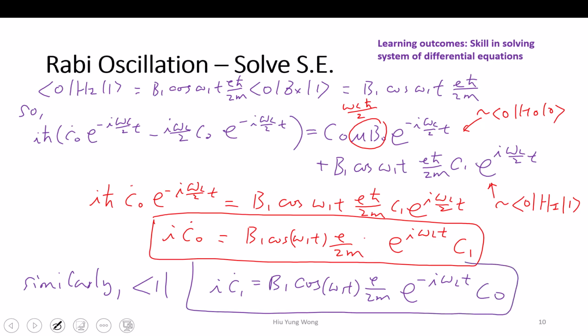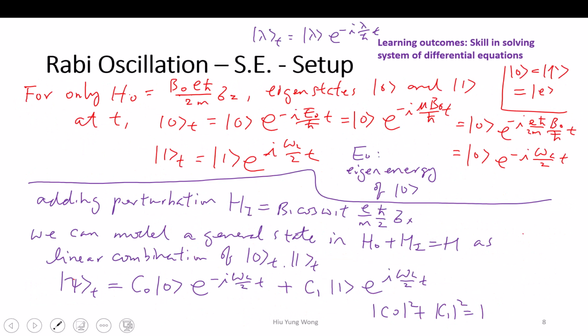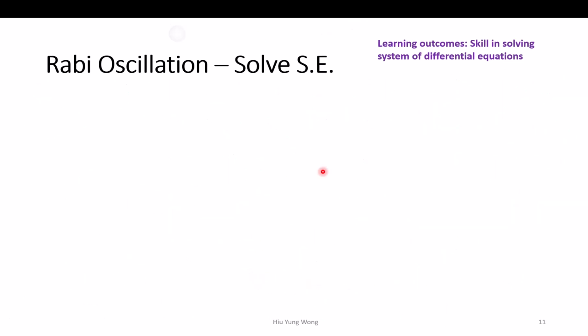That is the second equation. And now you can solve for C0 and C1. Once you solve for C0 and C1, you will be able to find out what the general state is. Okay, so now we are ready to solve the equation.